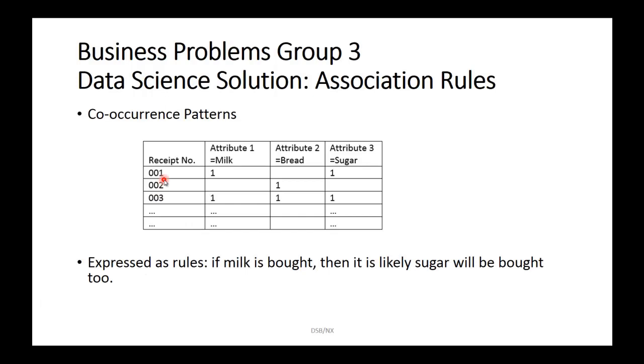Our goal here is to identify co-occurrence patterns and express them as rules, such as if milk is bought, then it's likely sugar will be bought too. We will introduce a method called the apriori algorithm to automatically mine association rules from transactional data sets in this module.